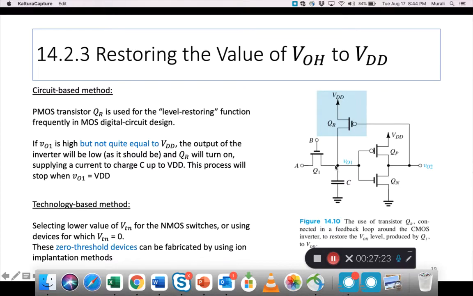Your output here will go back to being as high as VDD and there is no drop. So that's one method, called the circuit-based method, where a PMOS transistor QR is used in the level restoring function, meaning you are restoring the level from VOH to VDD.